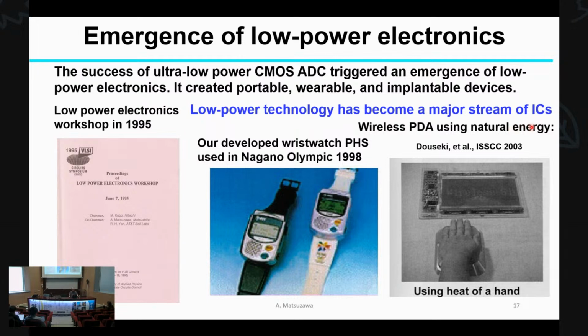However, at that moment, such as 1994 or 1995, almost no US engineer paid attention to low power electronics. They paid attention only to high speed and high performance. Power was not an issue.